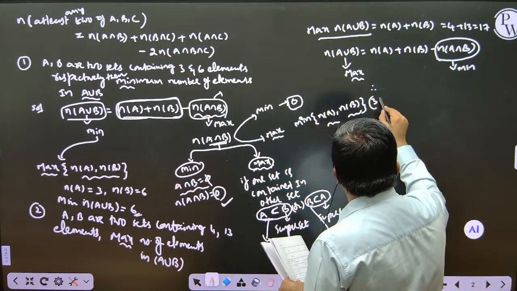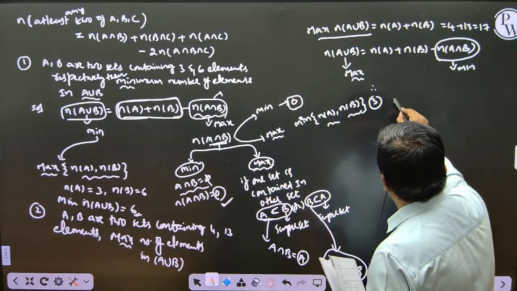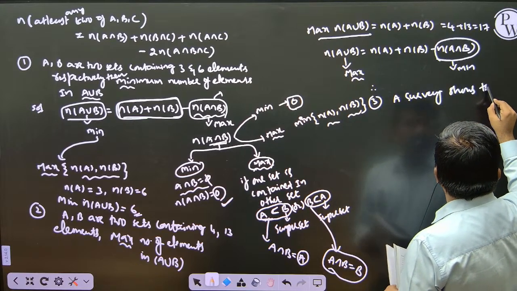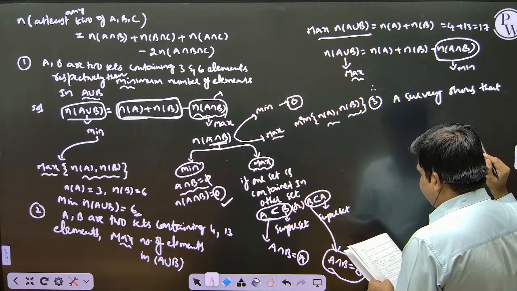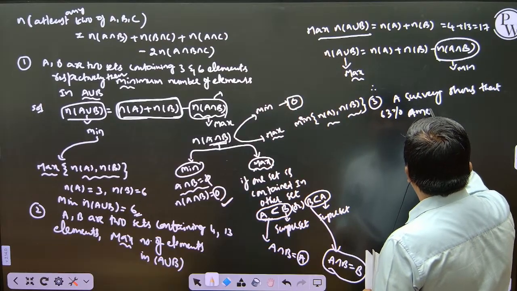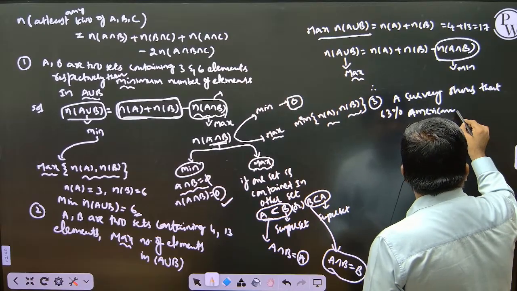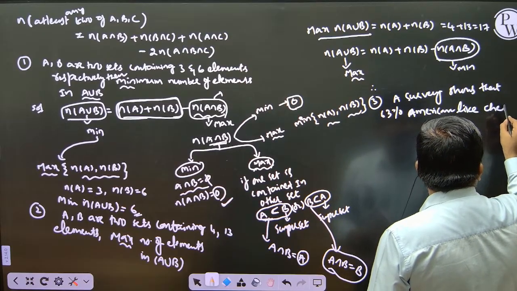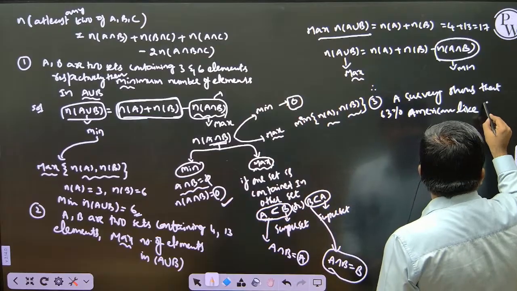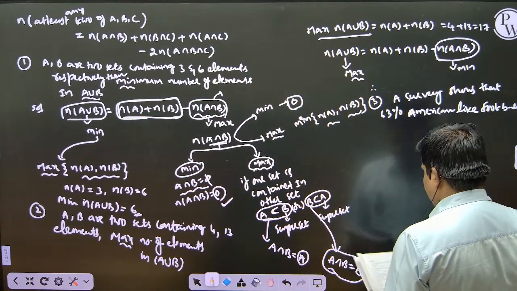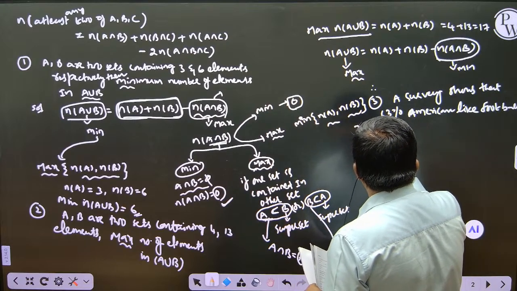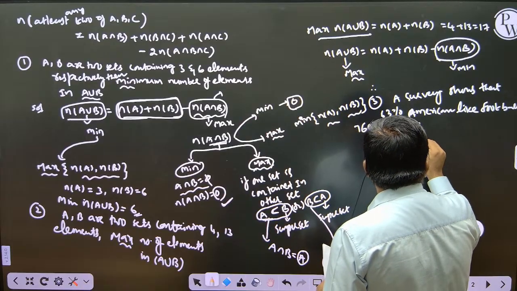Next, the third question, look at here. A survey shows that 63% of Americans like football, and 76% like basketball.